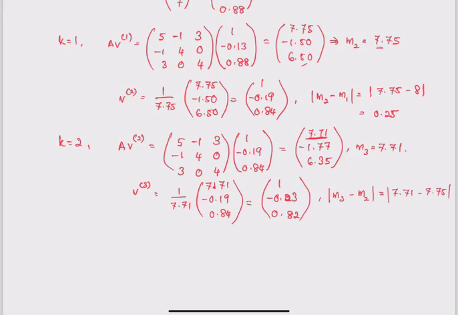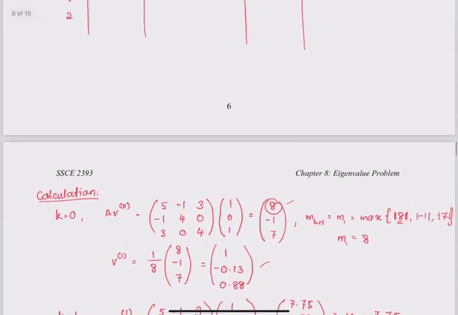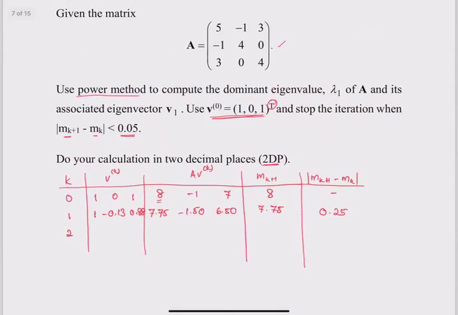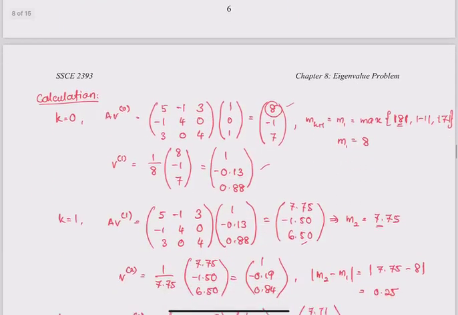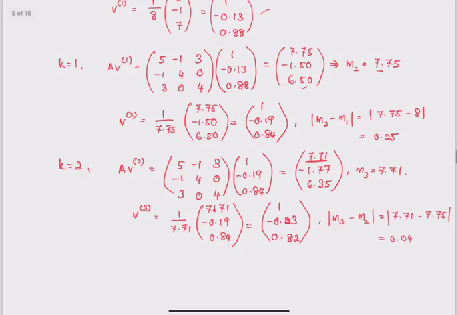You can get 0.04. For the question, it is less than 0.05, so that we must stop our calculation.